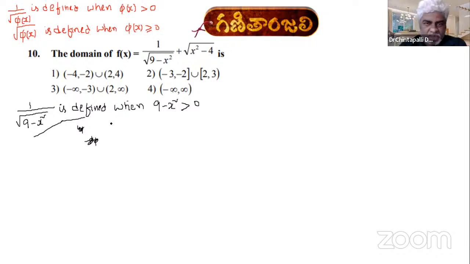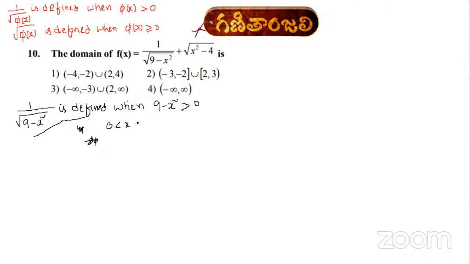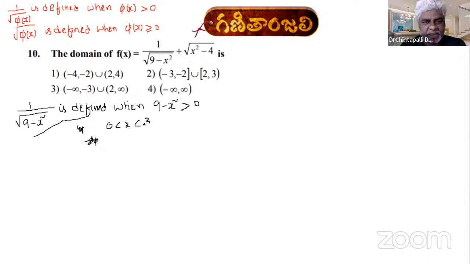Well said. You may think that every number greater than 0 and less than 3 works. It is partially correct. See, minus 1 is not in this interval. Let us see what happens for minus 1.